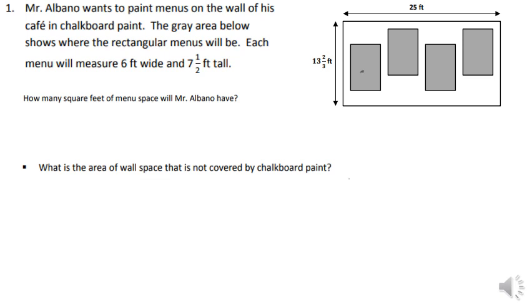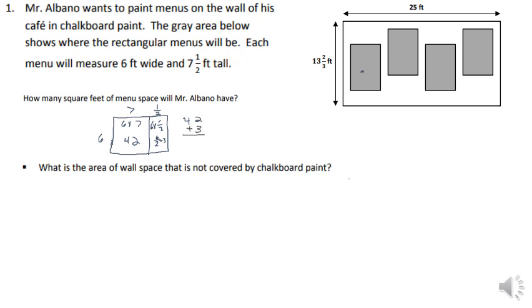Well, as you can see, each one of these right here is going to be 6 feet by 7.5. So if we were to do not a tape diagram, but an area model for this problem, we would say 6 feet, and this is 7.5, and we'd get 6 times 7, which would be 42, and 6 times 1/2, which would equal 6 halves, which equals 3.